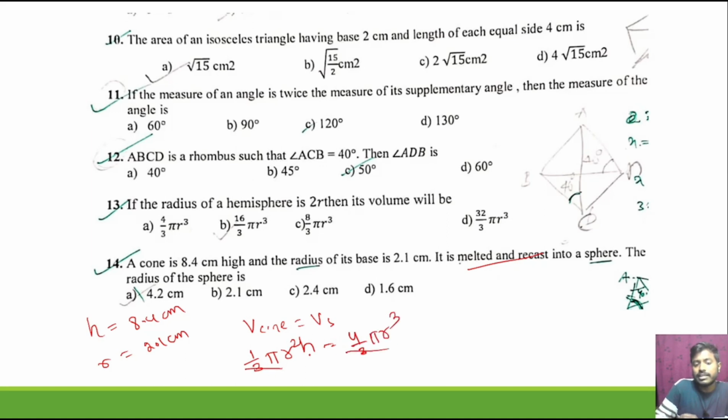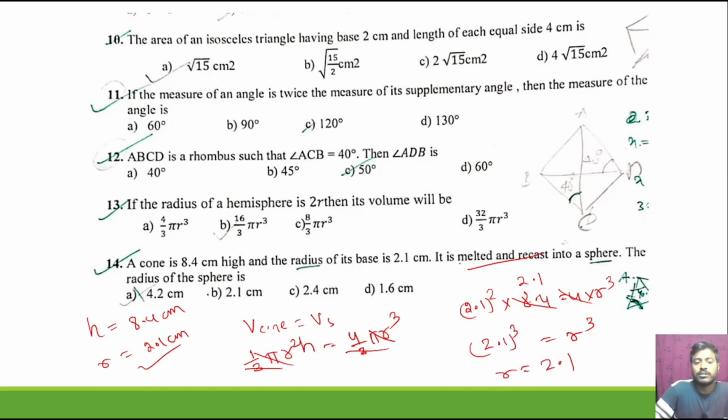Now 3 cancels, pi cancels. The radius of the cone is 2.1. We can put in place of r 2.1, r square into h, which is 8.4, is equal to 4 into r cube. Now 4 cancels, 4 twos are 8.4, 4 ones are 4. So r cube is equal to 2.1 r cube. Now r equal to 2.1. So option B is the correct answer.